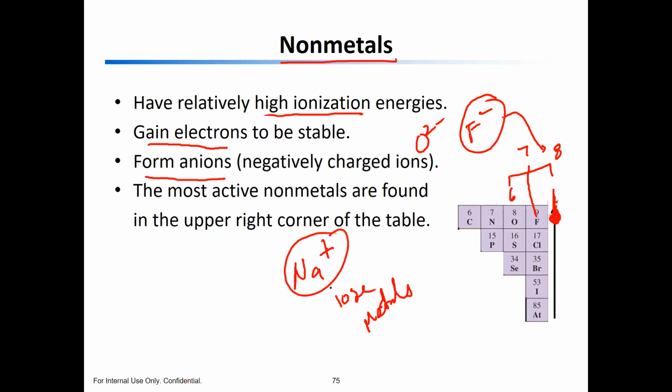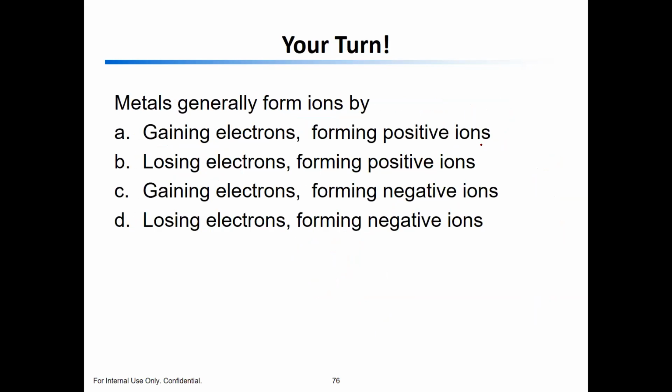But how do they become noble gases? Metals have to lose it. Non-metals are pretty close to it, so they just gain it. So that's why a lot of metals react with a lot of non-metals. If this one wants to lose it, if this one loses it, who's going to gain it? The non-metal. So metals generally form ions.